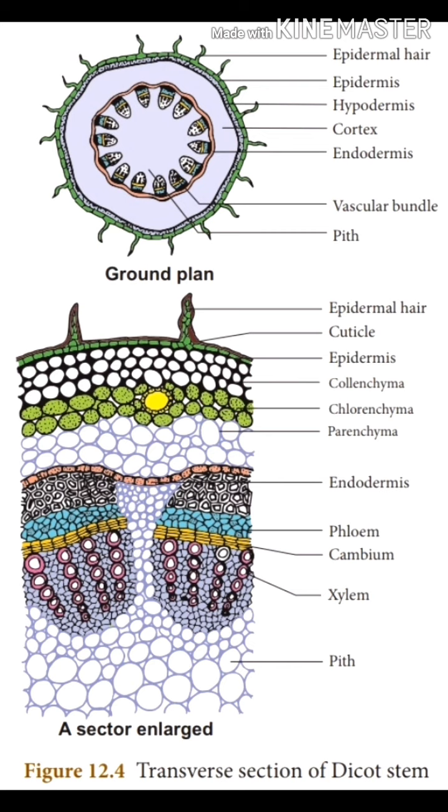So we observe different groups of cells present in a plant organ that help to perform different functions efficiently. So this is the transverse section of a dicot stem. If we observe it under a microscope, we find different types of cells which perform different functions.